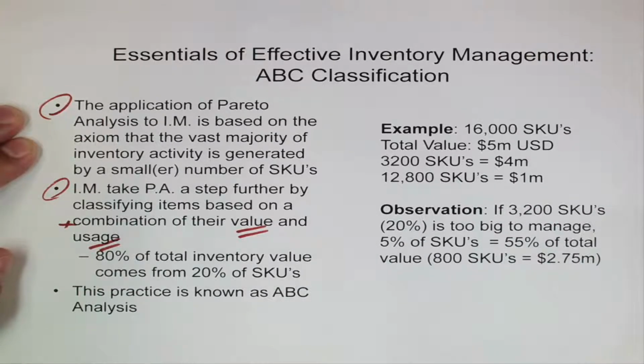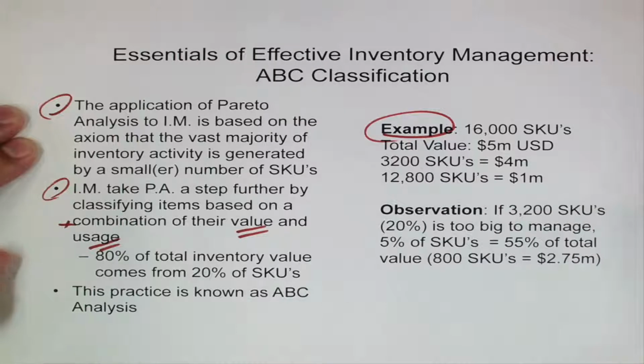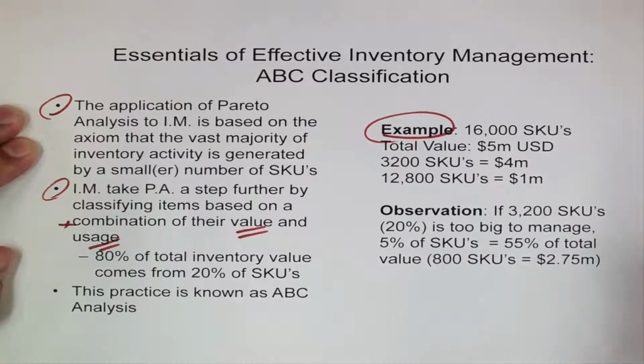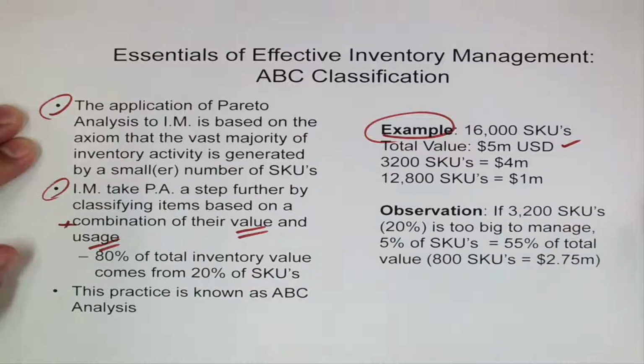They're synonymous terms. So perhaps the story comes to life a little better if we have a quick look at an example. Let's say we have an inventory management scenario with 16,000 SKUs. It sounds like a lot, but actually in some multinational organizations it's not that much at all. We're also saying that we have $5 million in inventory value.